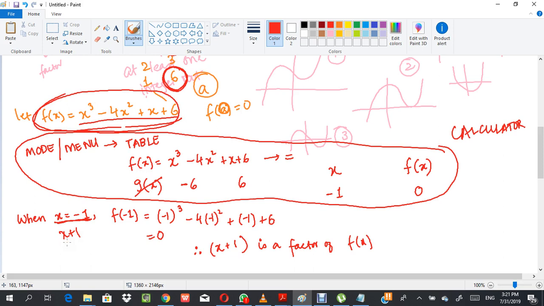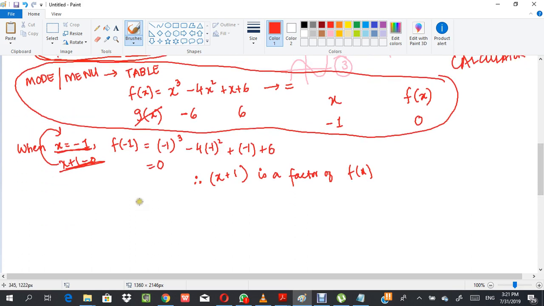What we did was that we wrote our polynomial as a function, then we went to the divisor and equated the divisor to 0. So if I divide this polynomial f of x by x plus 1 and I want to find the remainder only, this is what I have to do, and this is going to give me x is equal to -1, which will be put in this. So this is actually a reverse process of the remainder and factor theorems. Now I have found x plus 1, which is the factor of f of x.